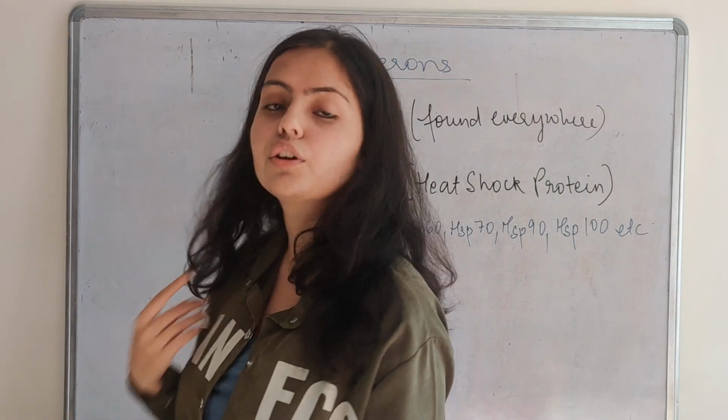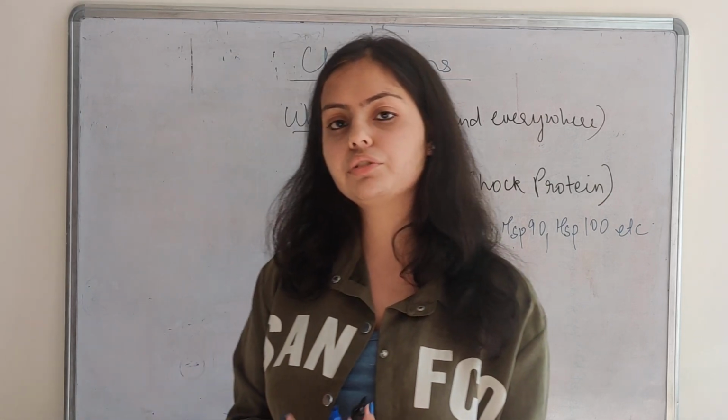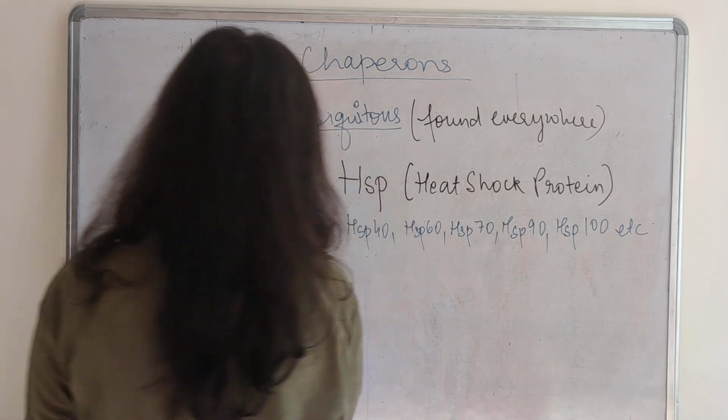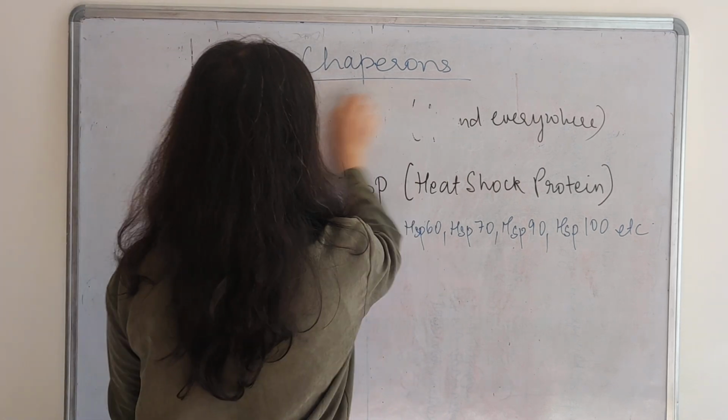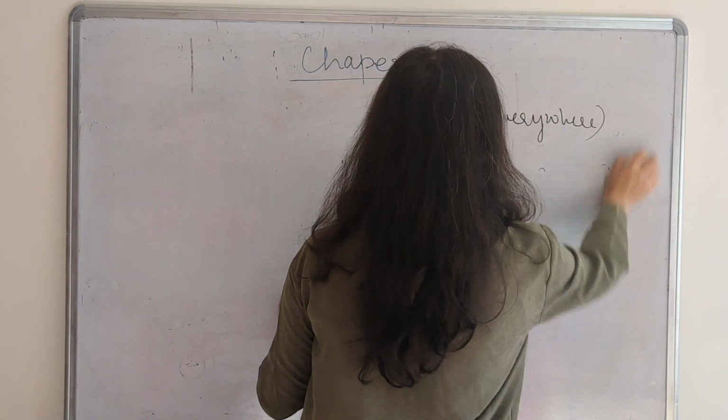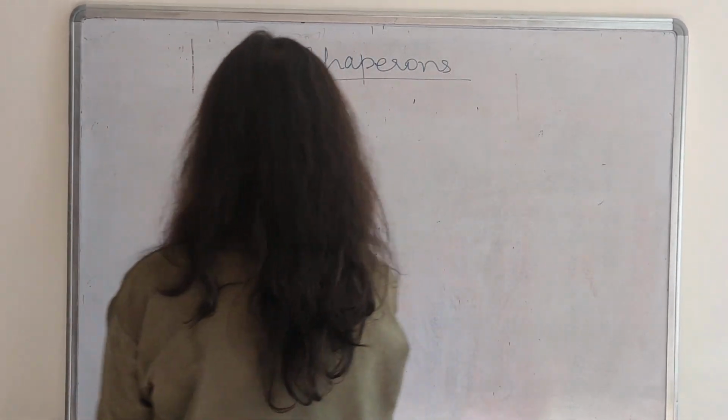Different classes of heat shock proteins are found in different types of protein folding. The two main families of heat shock protein, or the HSP chaperons, are the HSP70 and the HSP60.